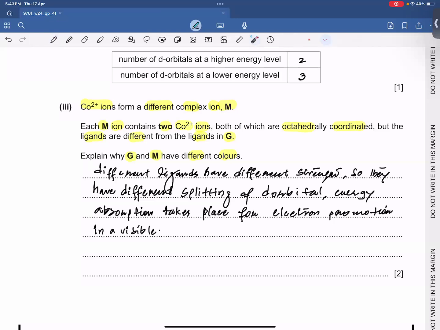This electron promotion is also called d-d electronic transition, and therefore its complementary color is observed.